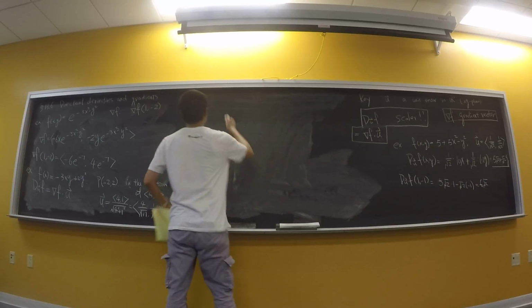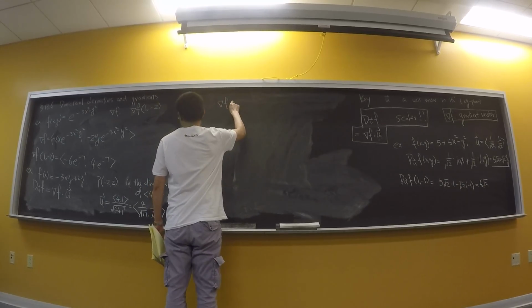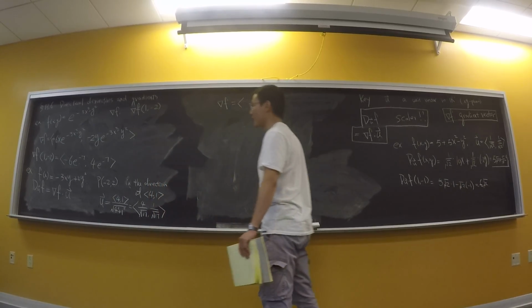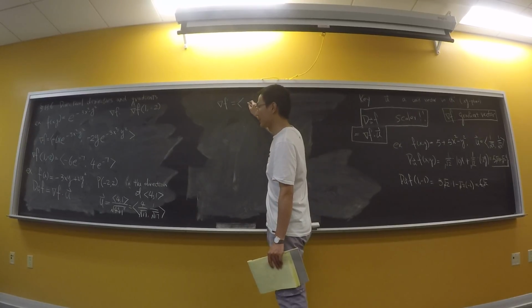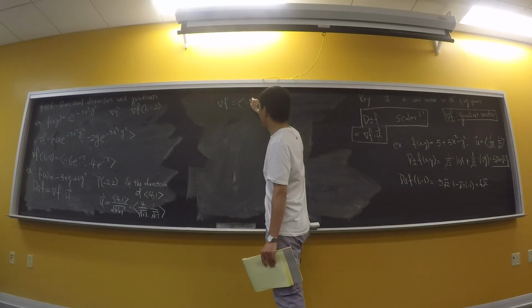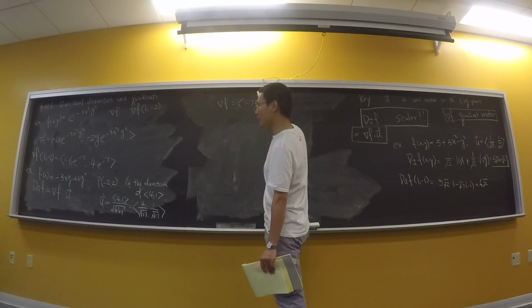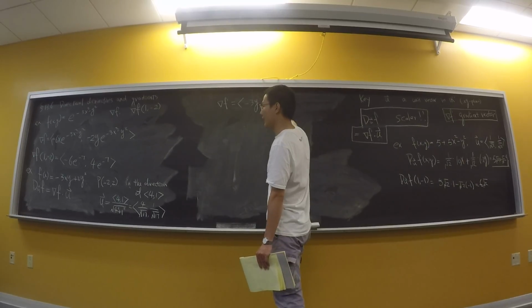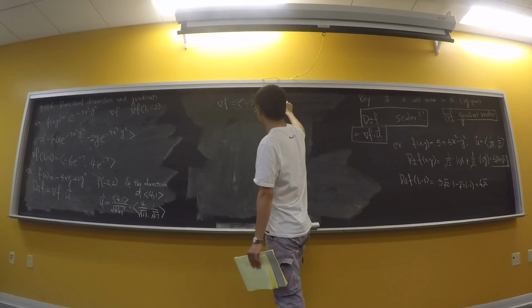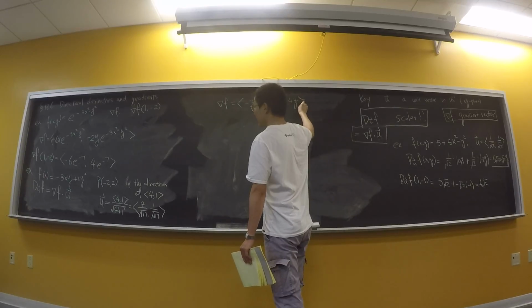So what I have of the gradient vector is equal to the partial derivative with respect to x, which is minus 3y minus 1, and the partial derivative with respect to y is minus 3x plus 4y. Okay.